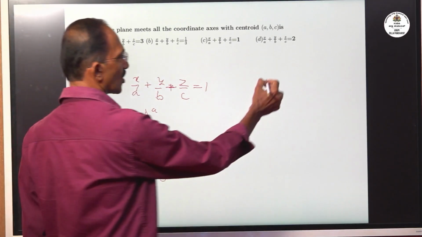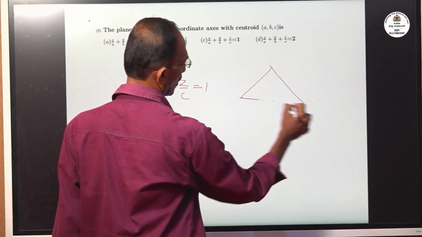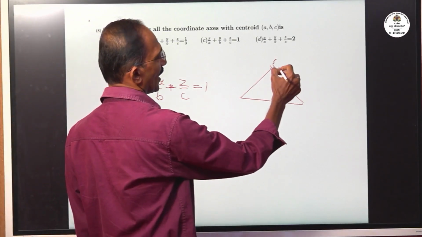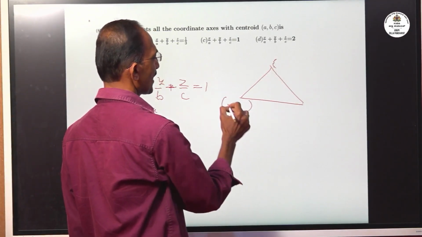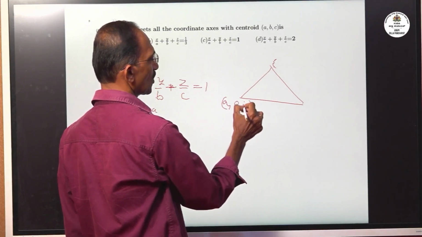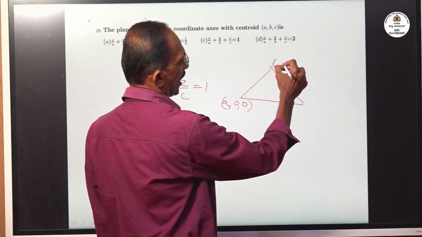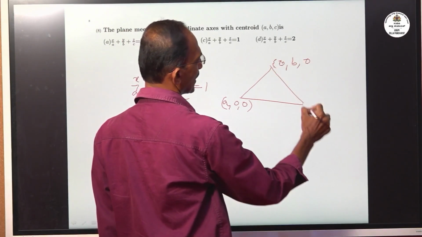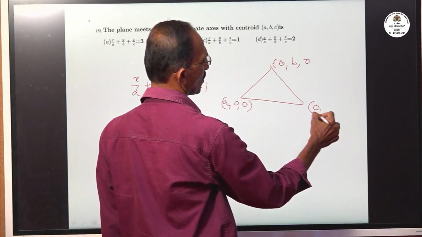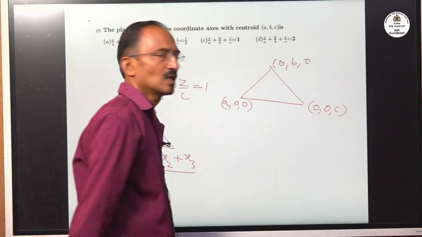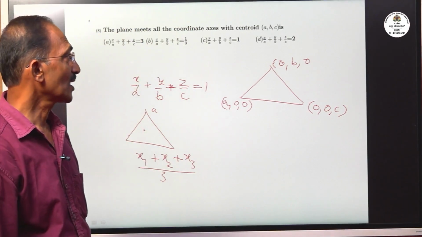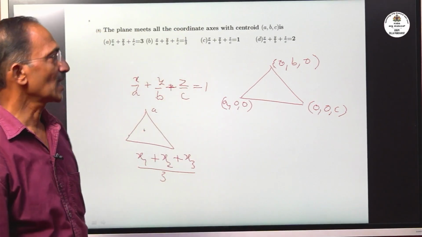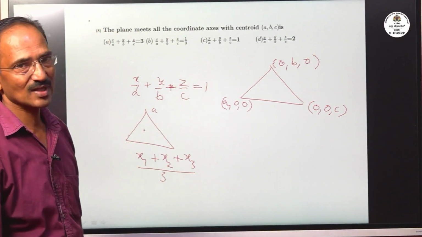So what are the coordinates of the intercepts made by the plane? On the x-axis it is a, 0, 0, on the y-axis it is 0, b, 0, and on the z-axis it is 0, 0, c. If these are the coordinates of the triangle, then what is the centroid?